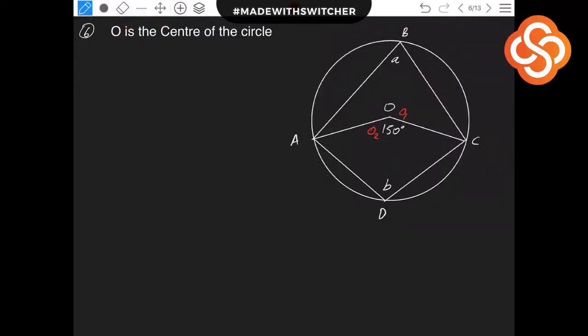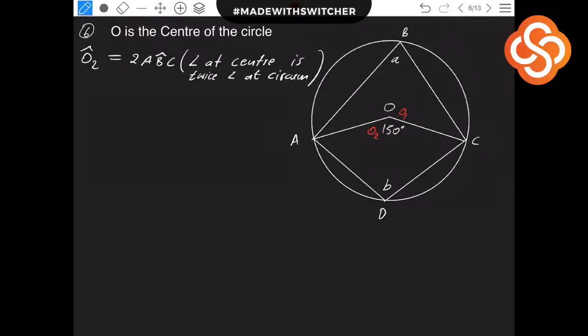So now O2 is equal to 2 times angle ABC. And the reason for this is that angle at center is twice angle at circumference. That is going to be the reason there.